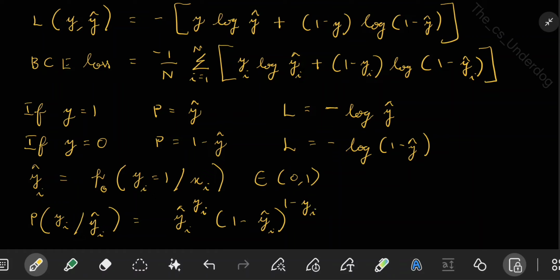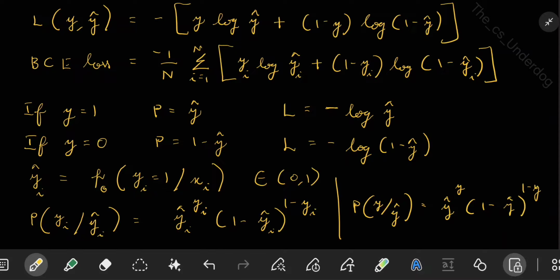So this is how you can write the probability mass function for a Bernoulli variable. So if you generalize this, instead of the ith example, you can write P of y given y cap is equal to y cap raised to y into 1 minus y cap raised to 1 minus y. Okay.